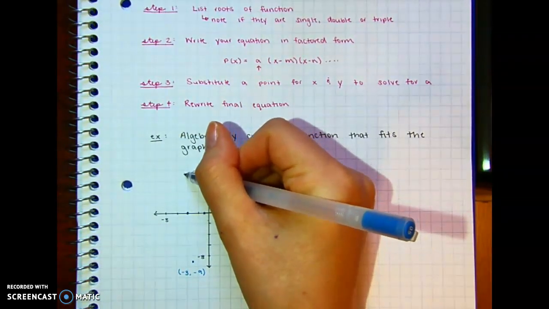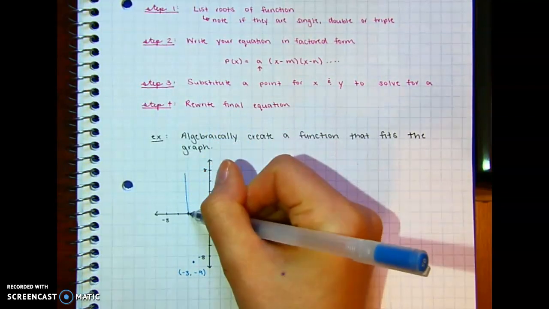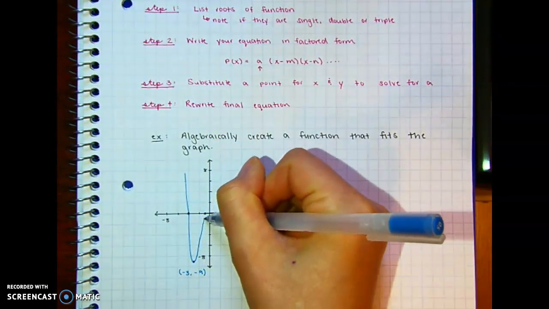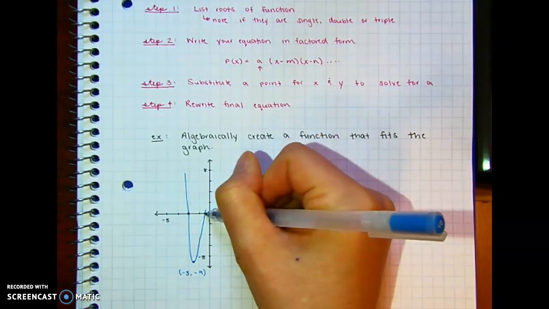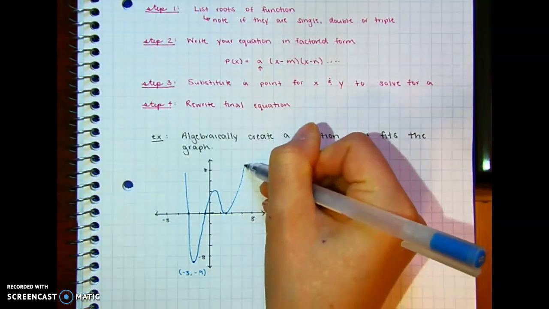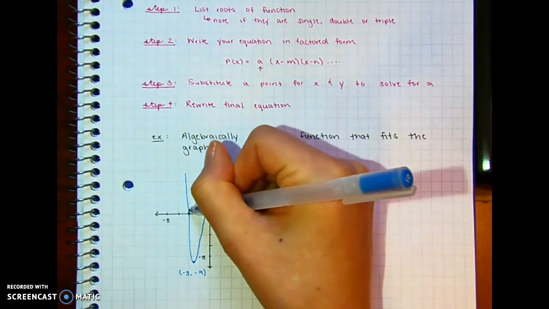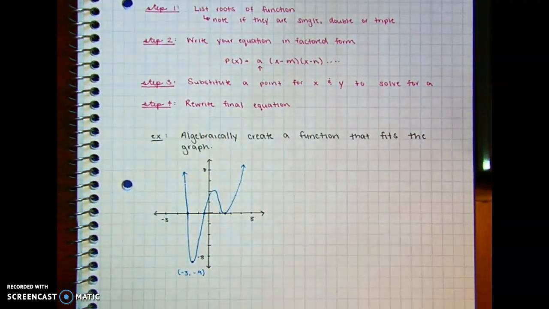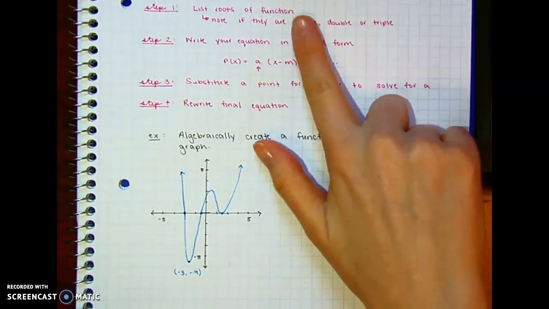I'm doing it in pen, so hopefully I don't mess up. So I want us to go straight through here. And bounce off. Don't forget your arrows.